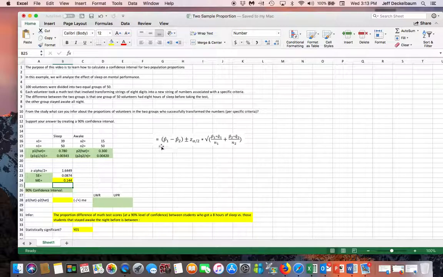So our point estimate, p1 hat minus p2 hat, is simply 0.780 minus 0.3. So our point estimate is 0.480.